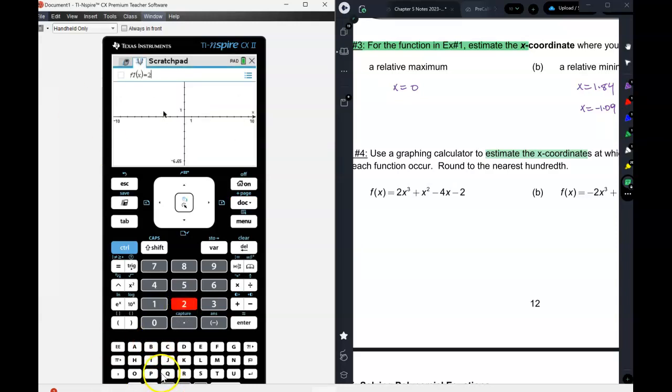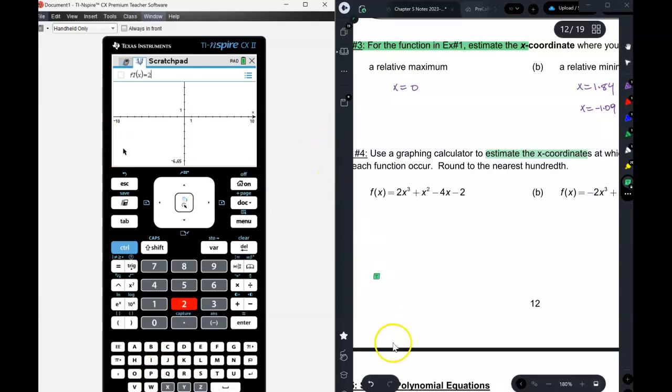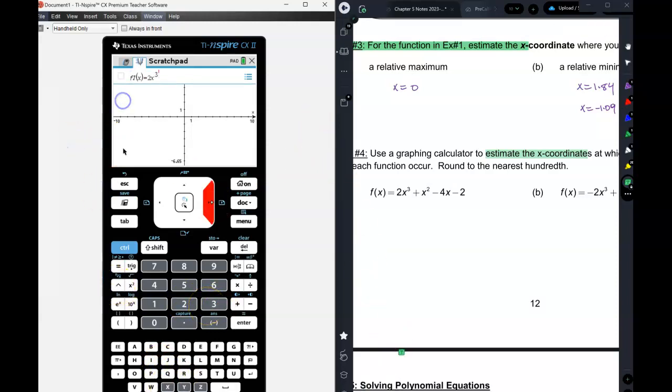So let's go to 2x to the power of 3 plus x squared minus 4x minus 2. Enter. That's what that looks like. And I hate this function here. I always move it away. All right. So I'm going to do one with you and you're going to do one alone.